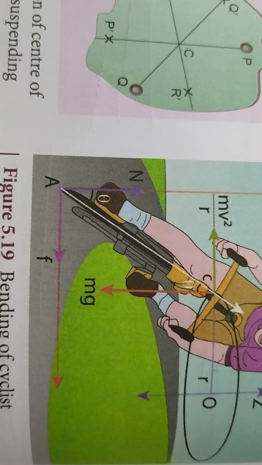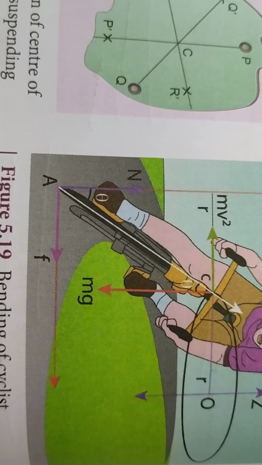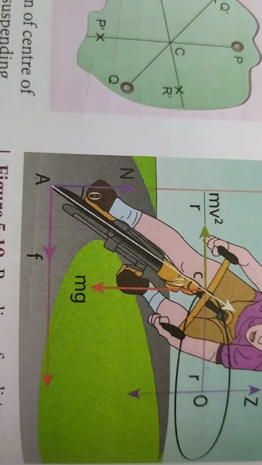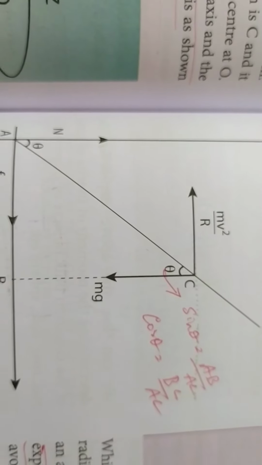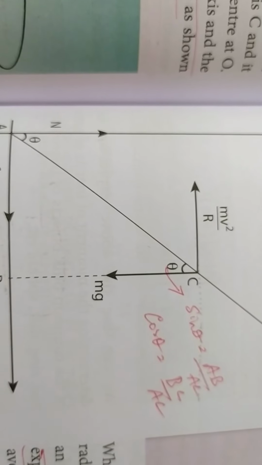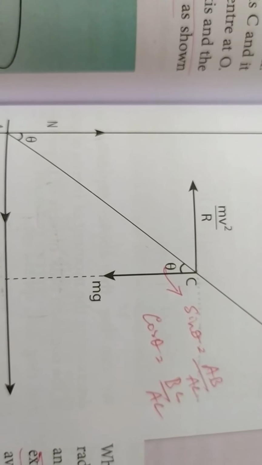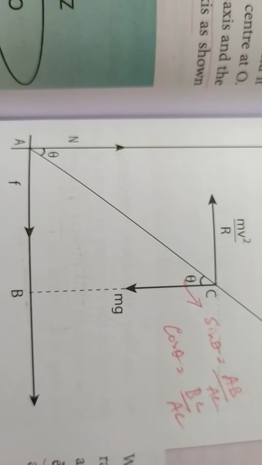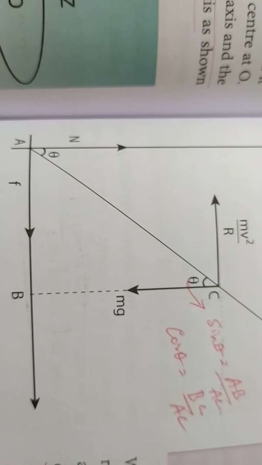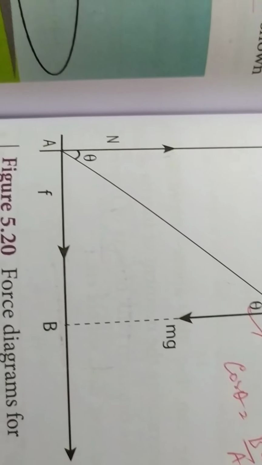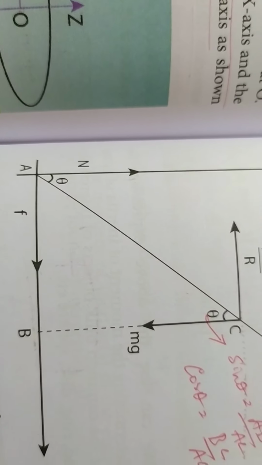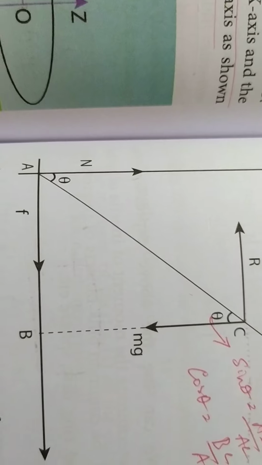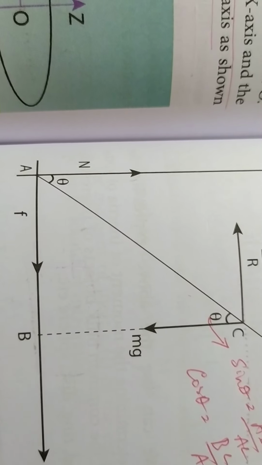Theta is the angle made by the system with the vertical. In the force diagram, mg is the weight acting downwards, mv square by r is the centrifugal force, F is the frictional force, and N is the normal force. Theta is the angle made by the cyclist with the normal.